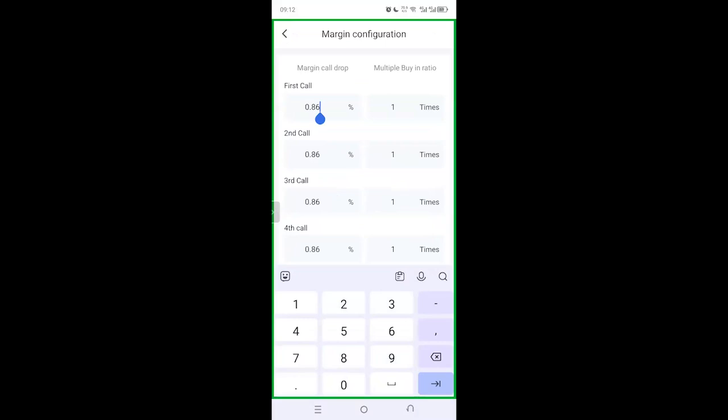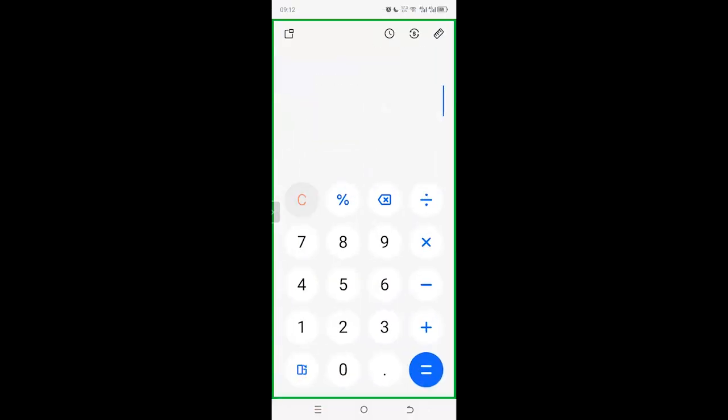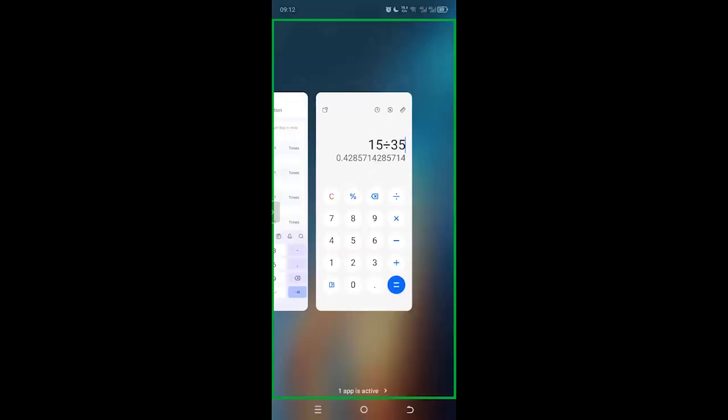Know what I do? I can adjust this. This is a guide. I can adjust and make the margin call drop 15. Divide by 35, 0.4.